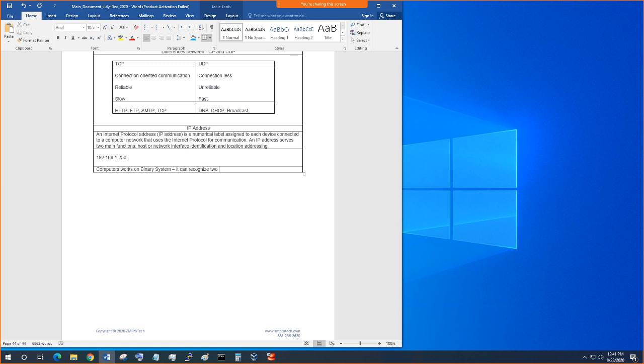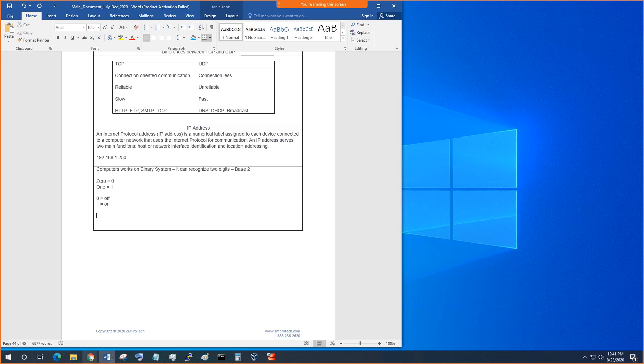It's called base 2. Base 2 is 0, 1, which is 0 here, and 1, which is number 1 here. 0 stands for off, and 1 means it's on.